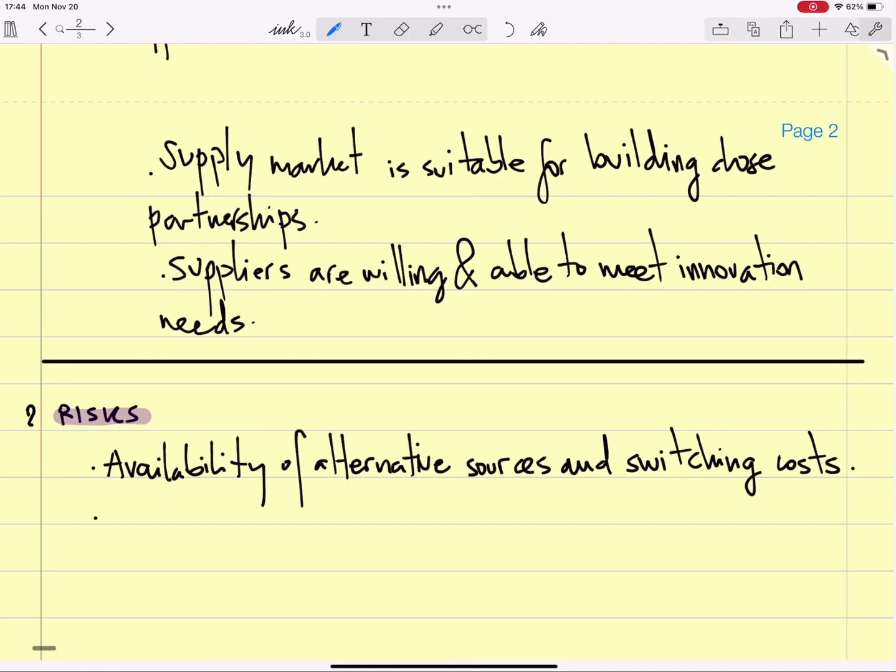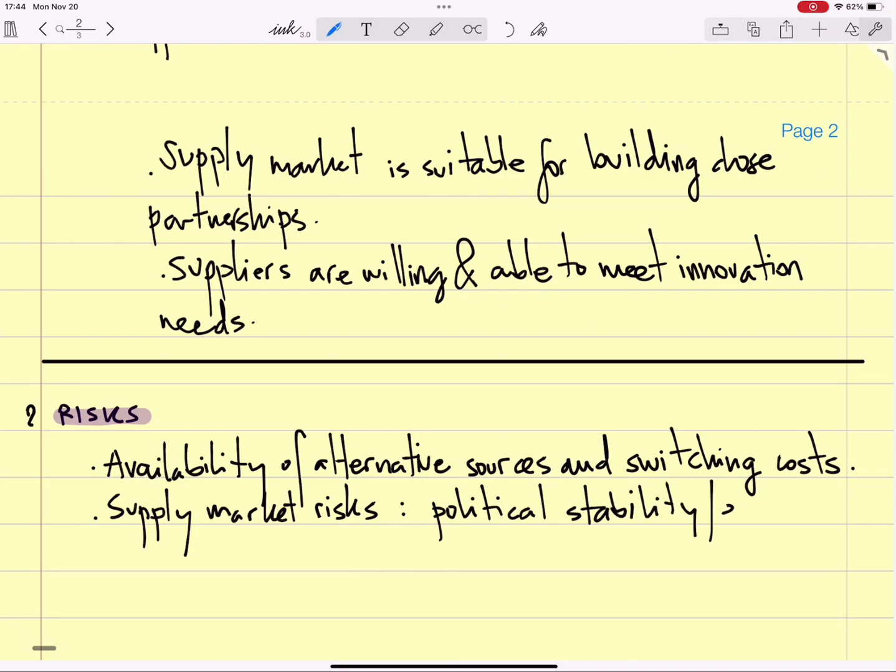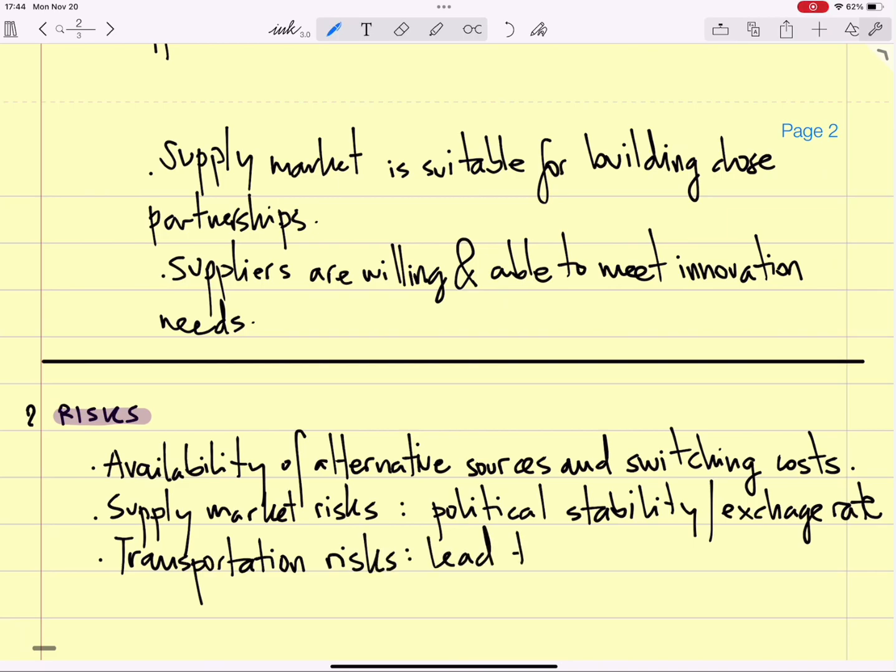So think about supply market risks like political stability, or exchange rate, or look at transportation risks, let's say lead time has a direct influence on quality.